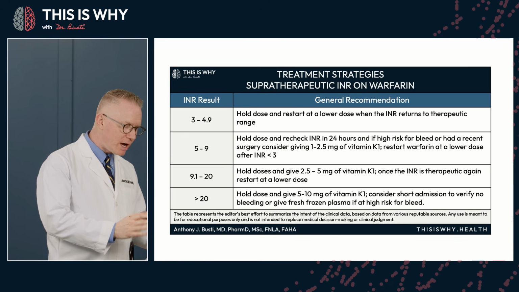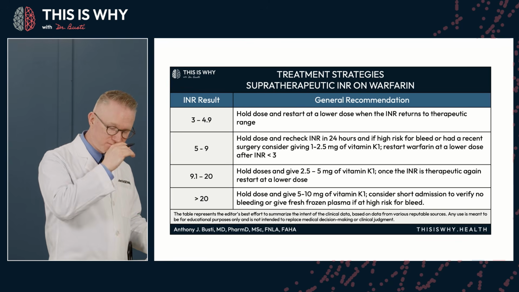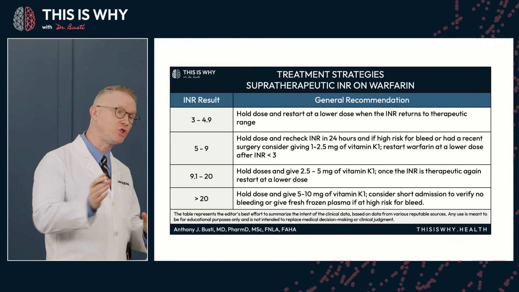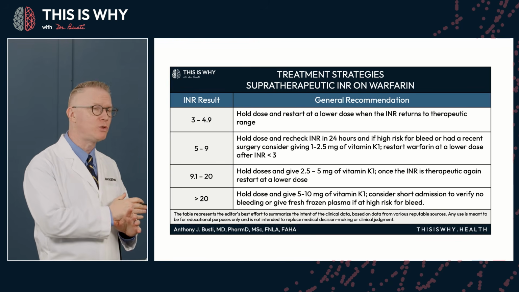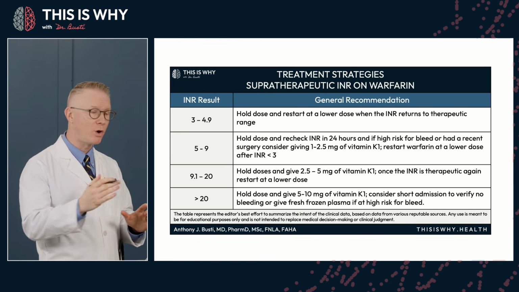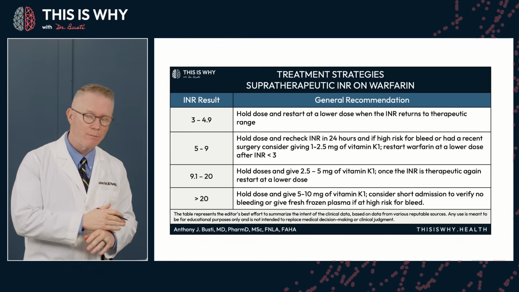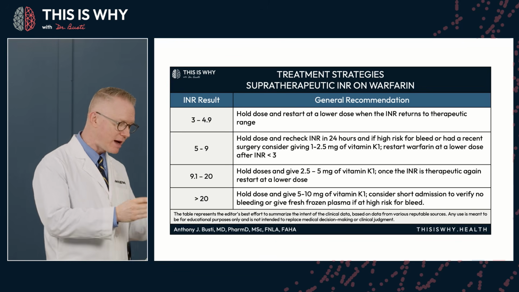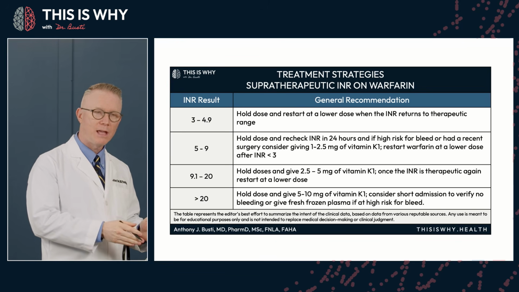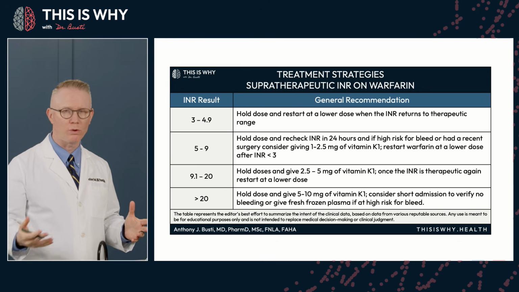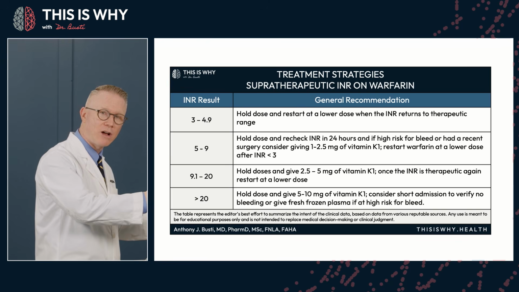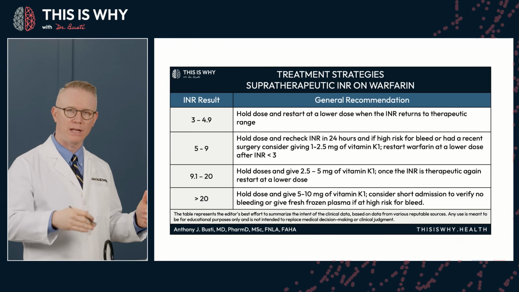But what you're trying to understand here is what is the risk to the patient if you go too low, if you reverse them too fast, right? Or you reverse them too much. Remember, this drug is a vitamin K antagonist. So if I give the patient a huge dose of vitamin K, yeah, I might correct it, but I also might move their INR down close to 1. Well, that's not good either.